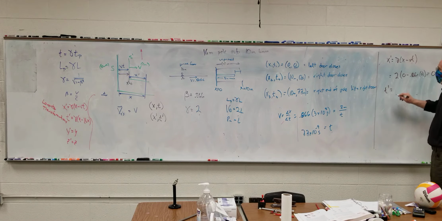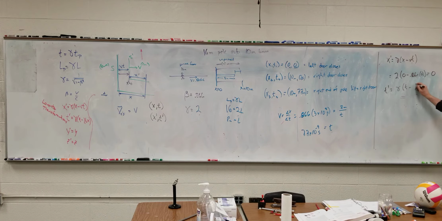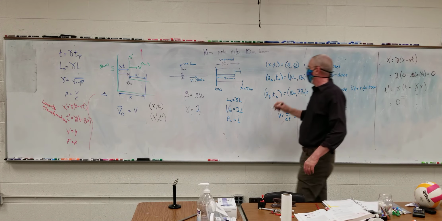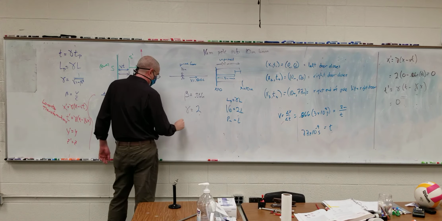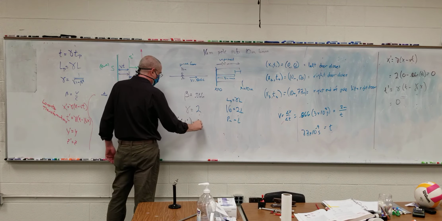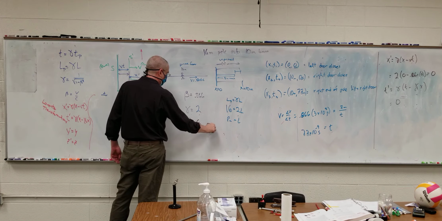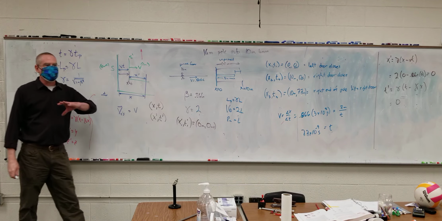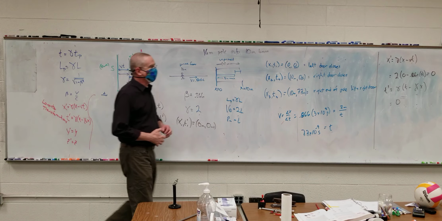T prime is equal to gamma times (T minus V over c squared times X). Well, that's 0. That's 0. So T prime is 0. All right, so this is the barn's point of view, and from the pole's point of view, X1 prime, T1 prime is equal to 0 meters, 0 nanoseconds. They synchronize there so that they both start the watch at the same time.